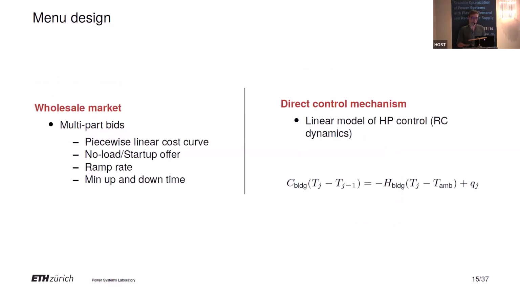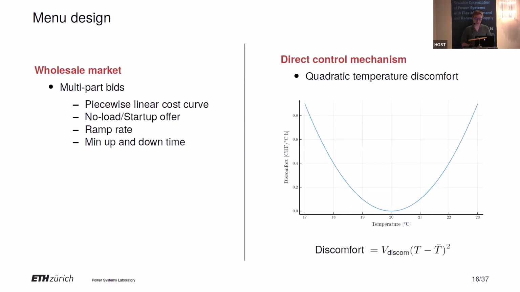So the idea is that you simply have two parameters, the heat transfer and the thermal capacitance, that allow you to describe, with some precision, not full precision of course, the evolution of temperature in the building, knowing that you input some energy. And we know that heat pumps behave like that, so let's use this as the basis of the menu.